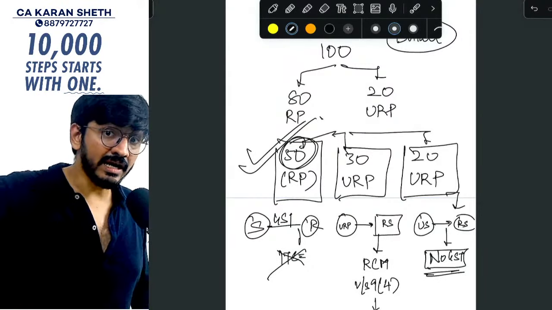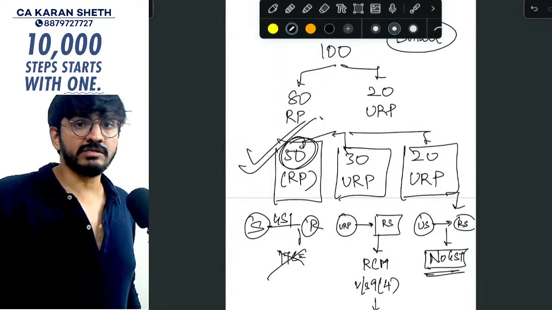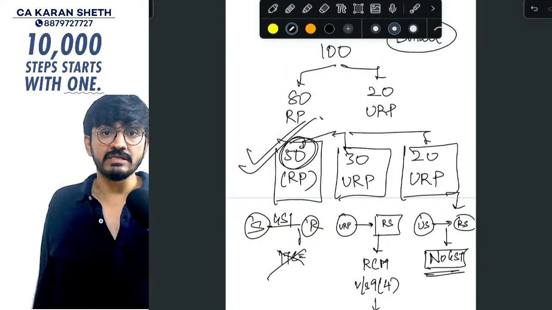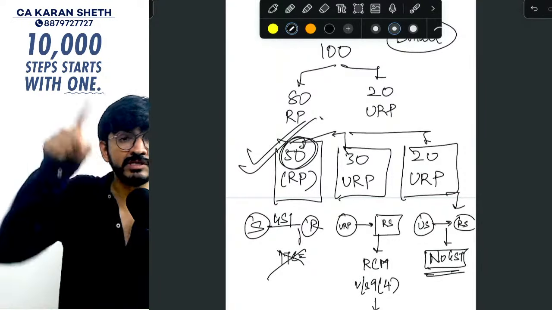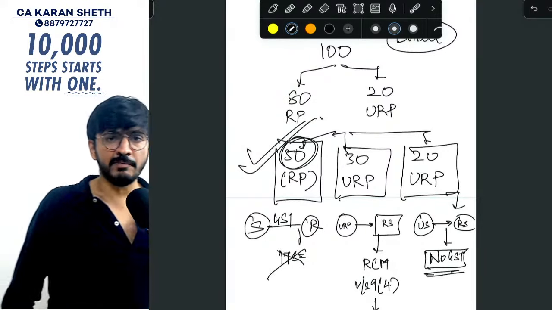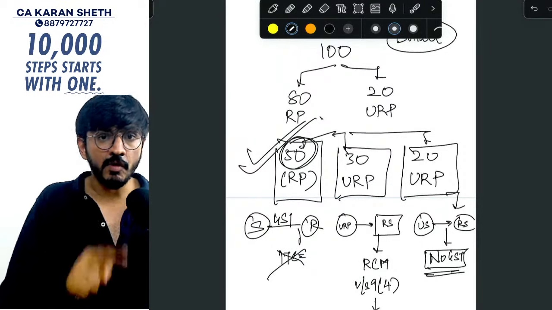Do you realize here again the government has made sure that it becomes the recipient's part of cost. So on 50 the supplier charges GST, recipient gets no ITC. And the remaining 30, which he was supposed to purchase from a registered supplier but did not, he purchases from an unregistered person.